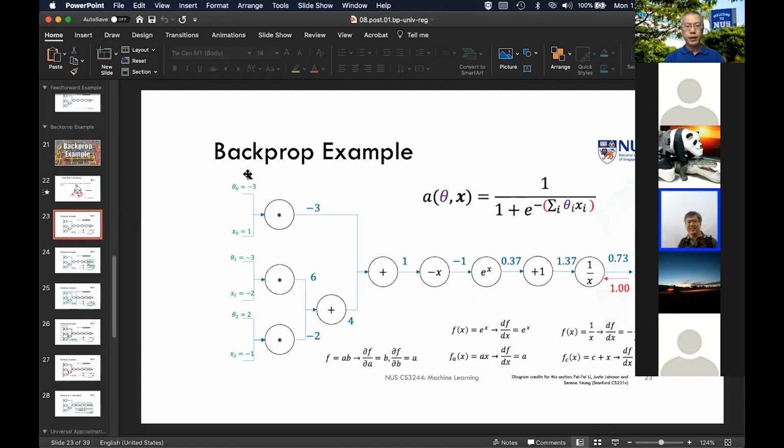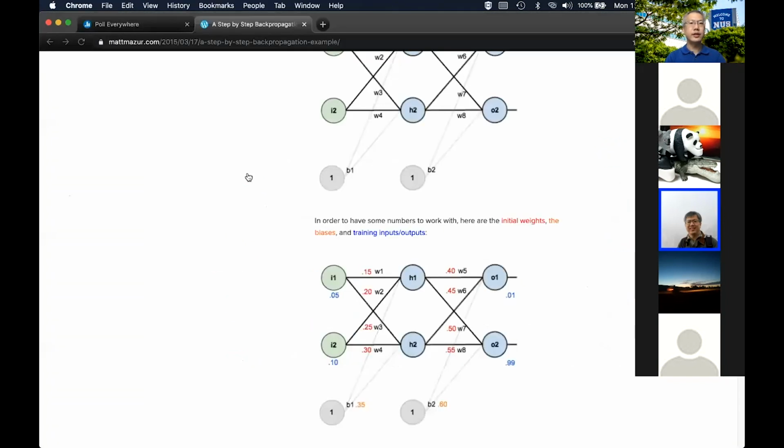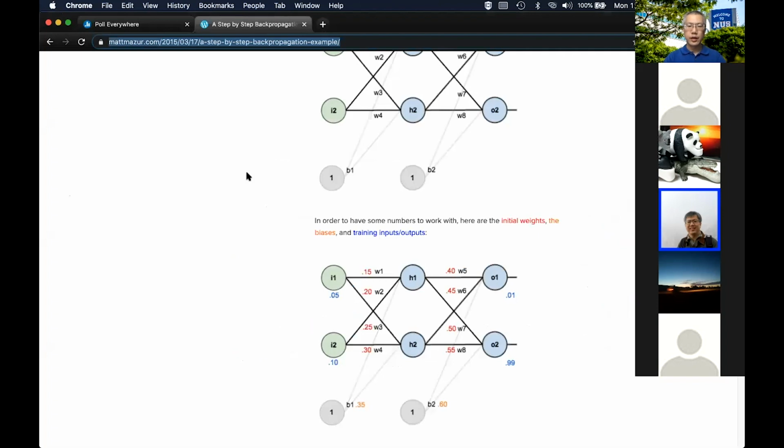Okay, so let's see how that works on the other side. The initial weights and biases we have here: here's our bias right down here, and our weights, all of them in red. The training inputs are 0.05 and 0.1.